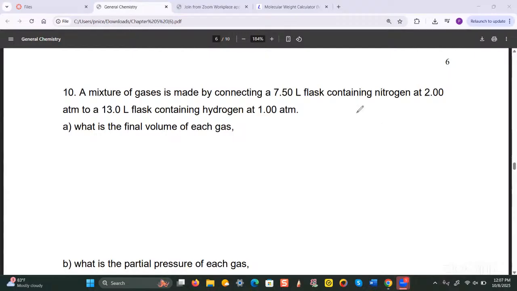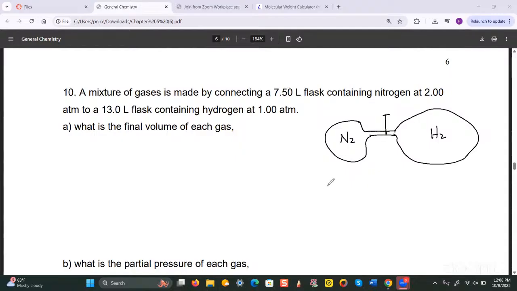So you have two flasks that are connected to each other. You have this flask here, and please forgive my poor artistic skills. I'm not good at drawing at all. All right, so let's say you have something here separating the two. Let's say this is the one that contains nitrogen, and this is the one that contains hydrogen.